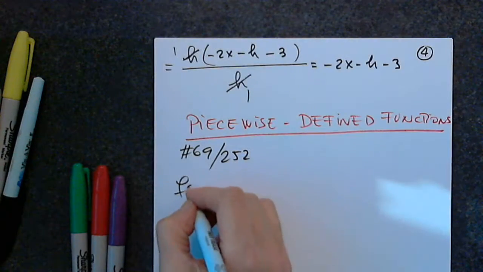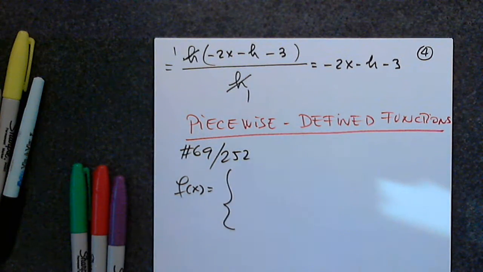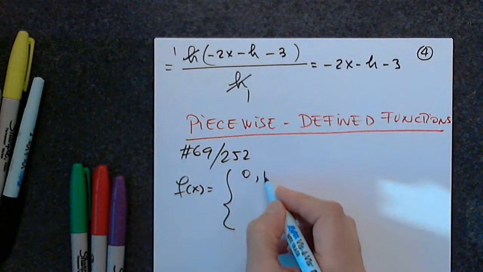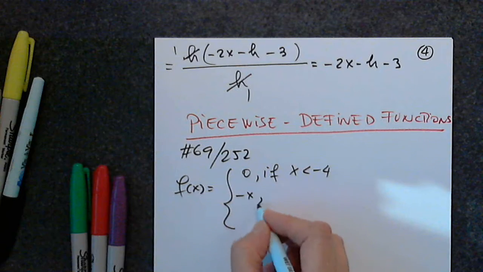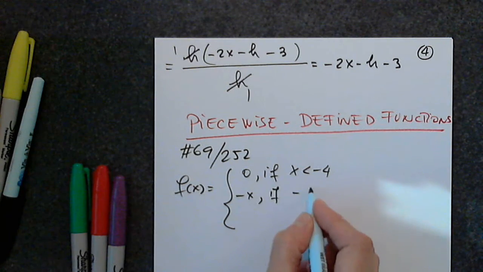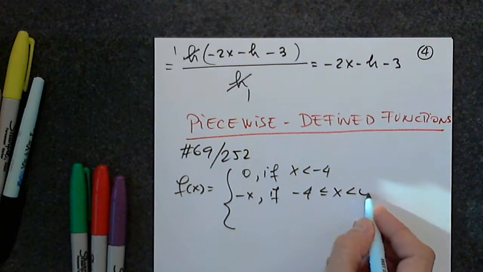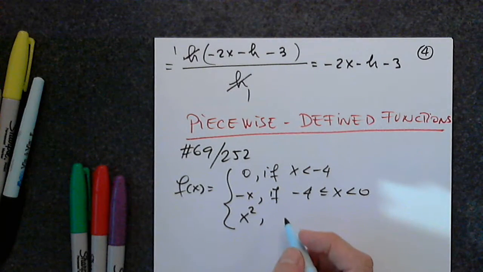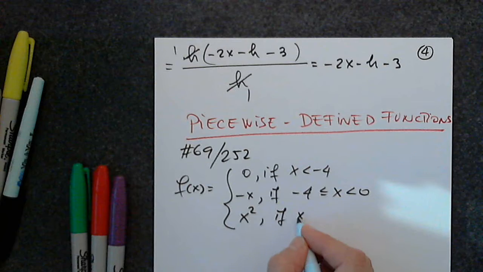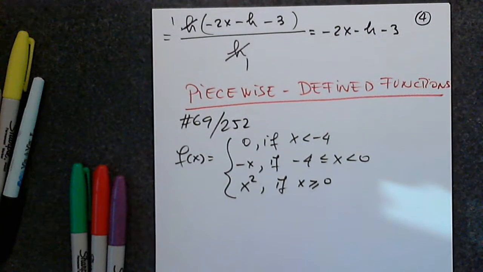So we have f of x equals 0 if x is less than negative 4, negative x if negative 4 is less than or equal to x less than 0, and x squared if x is greater than or equal to 0.